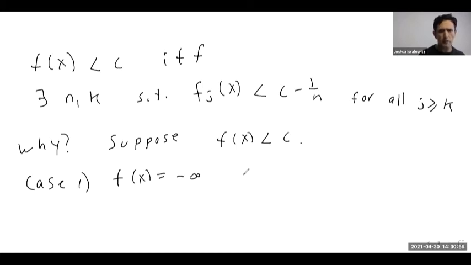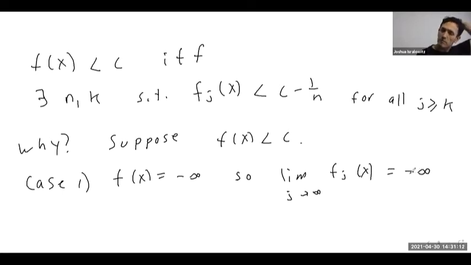Okay, this is the case where, in the basic analysis sense, this limit converges to minus infinity. Technically it doesn't converge, but anyway, whatever.